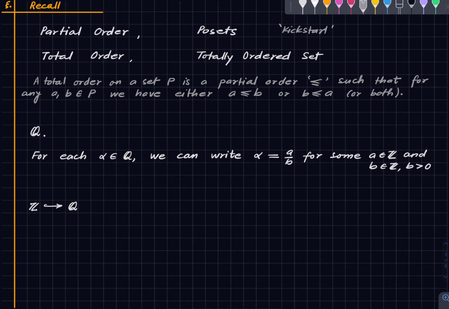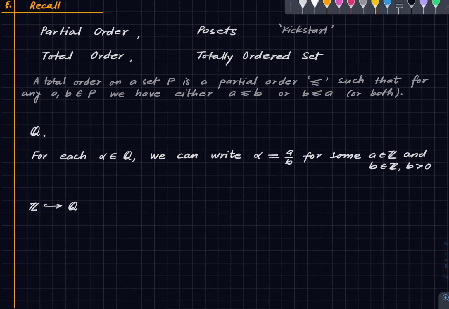And we saw that the integers have this property, meaning the ordering on integers is actually a total order. An informal way of saying this is that a total order on P is a partial order where any two elements are comparable. If you define comparability as one of these relations, then it's not an informal way of saying it.